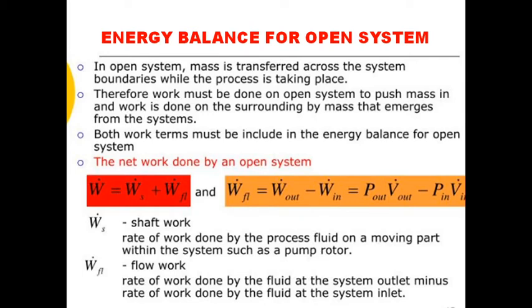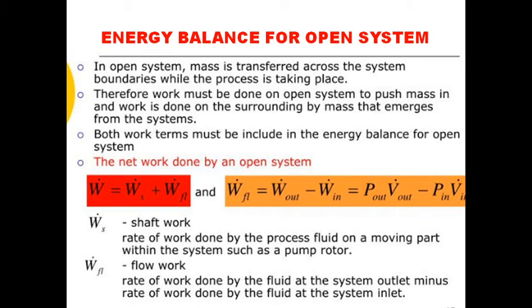The work done formula is pressure into volume, P into V. So at the outlet condition, P out V out minus P in V in for the inlet condition. So flow work is equal to P out V out minus P in V in.